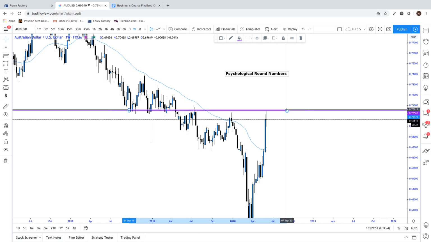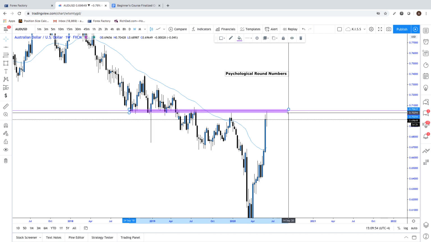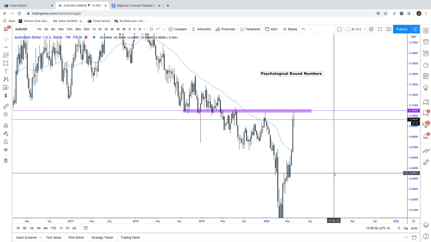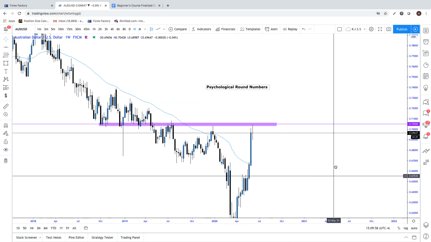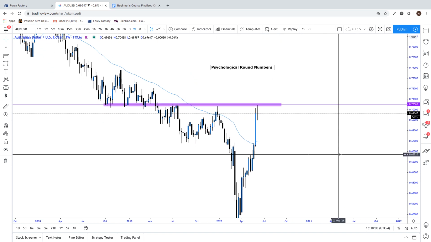Now, why is that important? Why is that critical? Well, that is because the banks, right, who control this market, the liquidity providers, the hedge funds, they play this market off of round numbers. They typically enter bulk orders, big positions, at round numbers. It's easier for them.